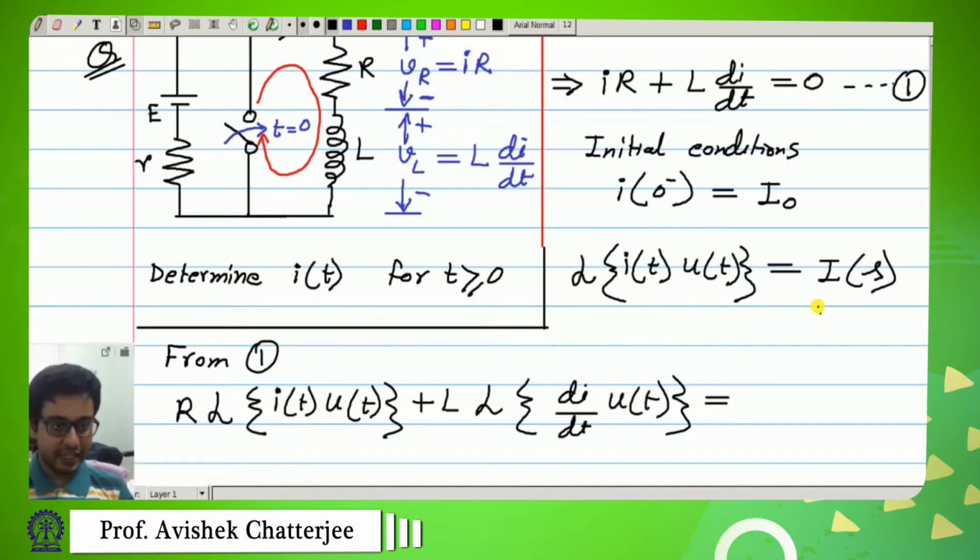And the right side, even if you multiply with u(t) and take the Laplace transform, you are going to get 0.